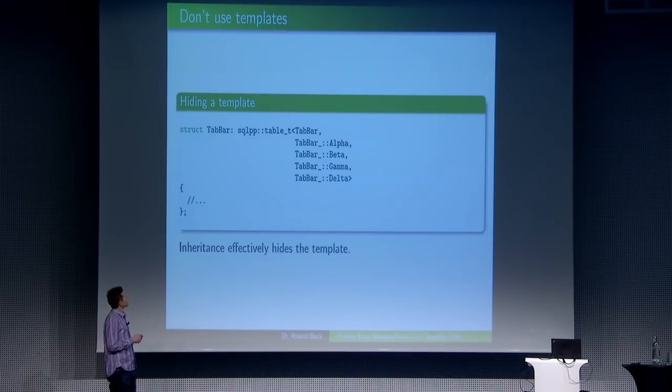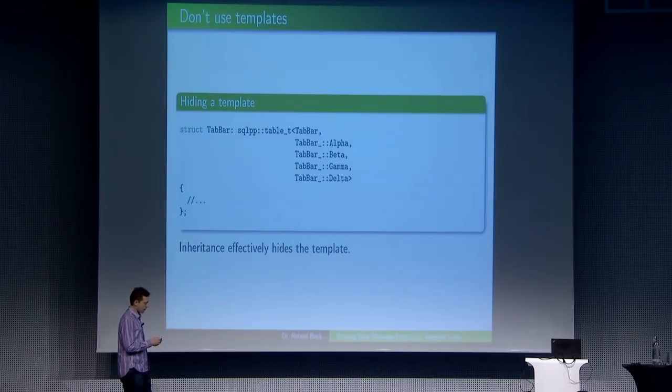But all of this can be hidden by inheritance. And since if you're using this library, you would use a code generator anyway to create these specifications for those tables, you can write this small thing that represents the actual table through inheritance, just easy as that.